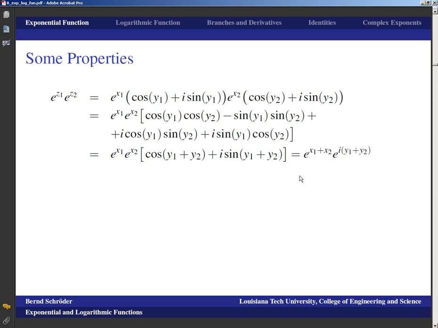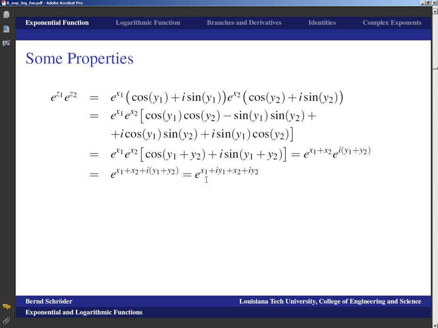And we realize that that's e to the x1 plus x2, because we're dealing just with real numbers here, so that's where we can apply the law, because we know it works for real numbers. And by the definition of e to the i phi, this part here is e to the i times y1 plus y2, and that's of course e to the x1 plus x2 plus i times y1 plus y2, by the definition of the complex exponential.